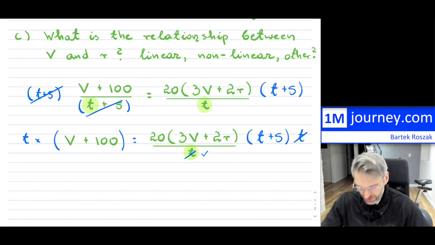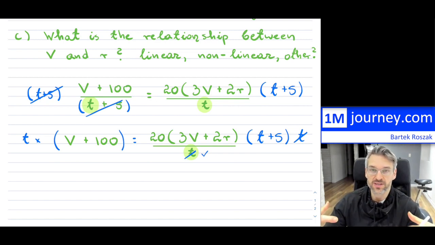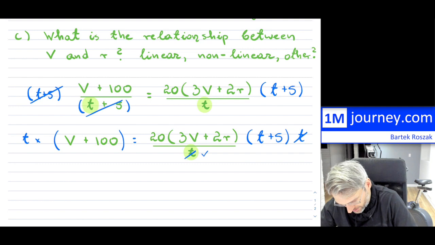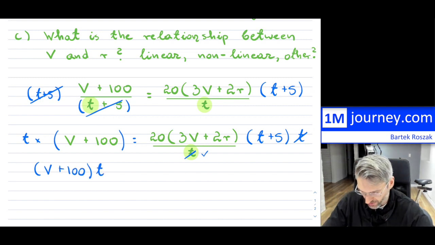Well, I have to collect the t, so I have to bring them together to one side. On the left-hand side, I'm going to rewrite this as (v + 100)t. I'm going to leave it, and not bring it into the brackets just yet.